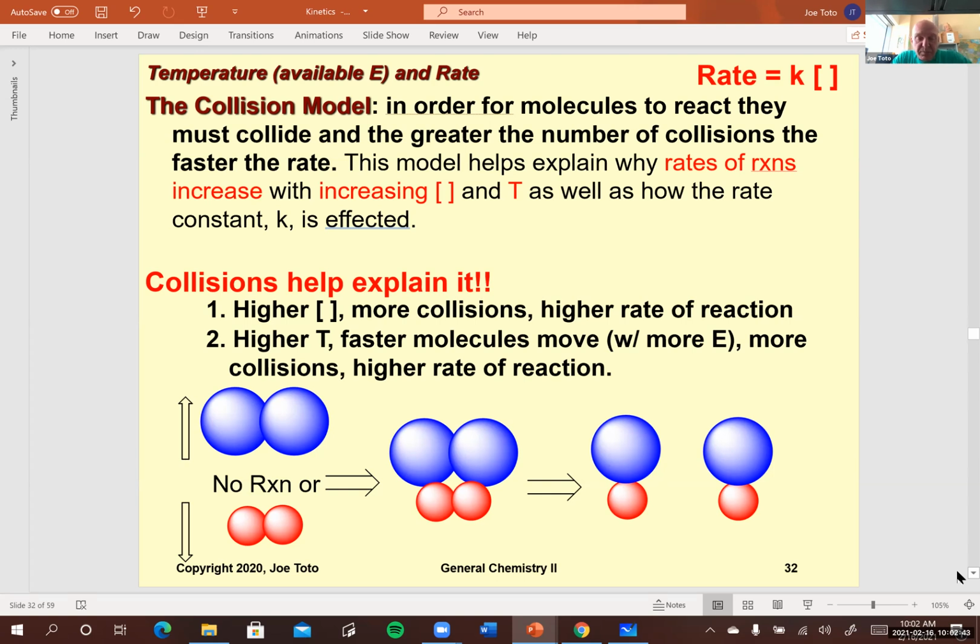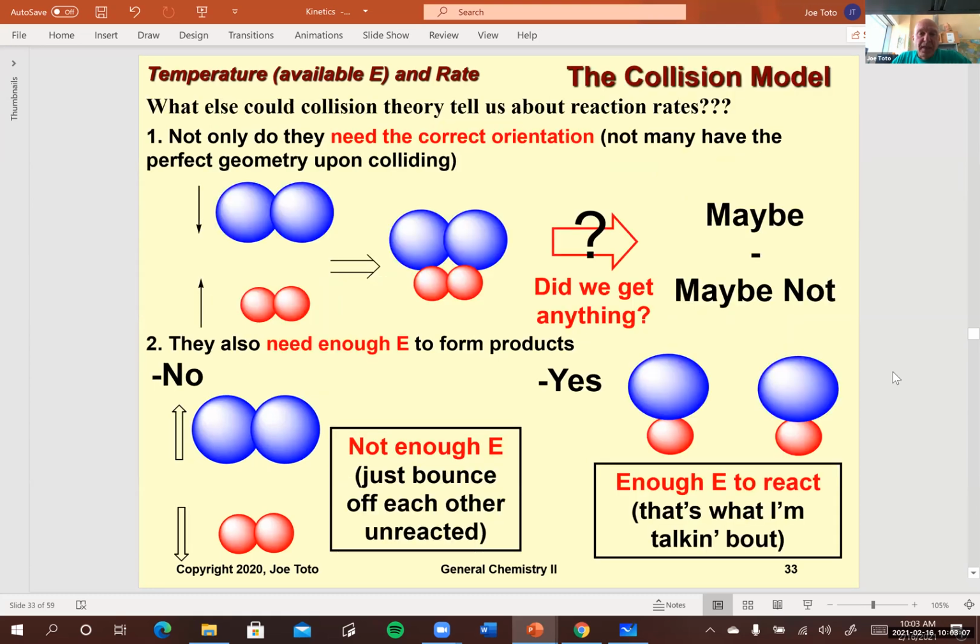So that's all the picturing of the collision theory. And how does that help us understand why at higher concentrations rates could increase, or why at higher temperatures the rate could increase? Collision theory allows us to rationalize those things.